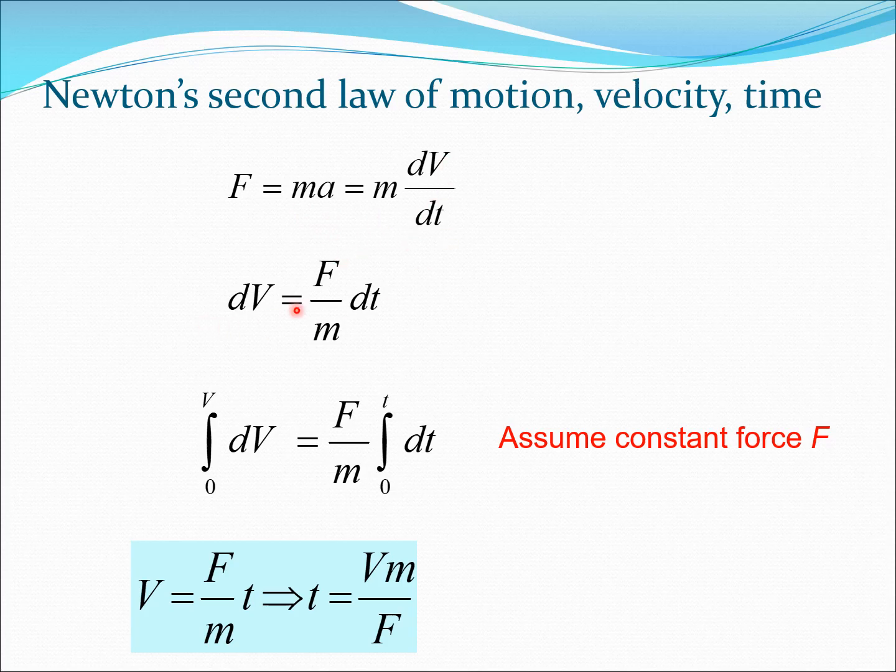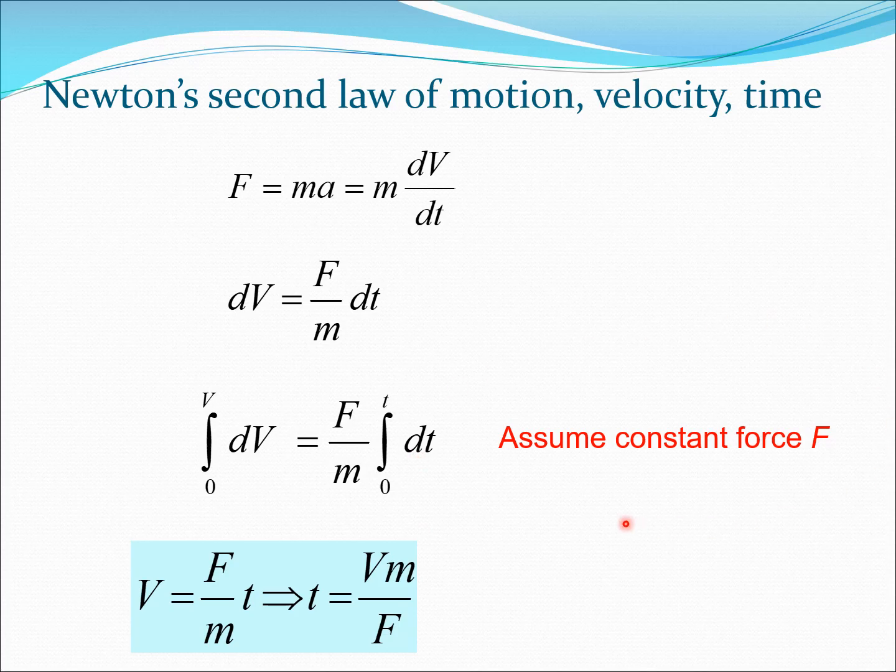So I can write dV as F/m dt. I can integrate dV from 0 to V, and if I assume constant force, I can keep F/m out here and integrate dt from 0 to t. So this integral can be calculated, and I get V is F/m times t, or t is Vm/F.